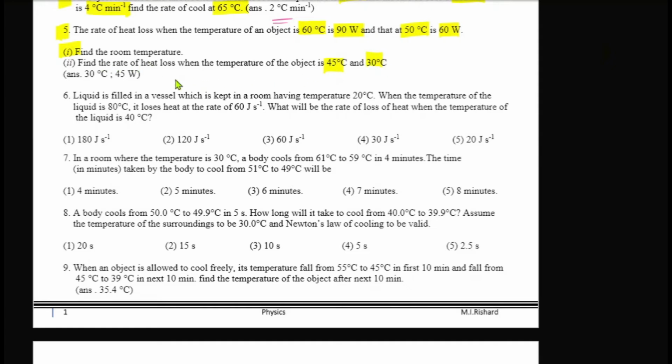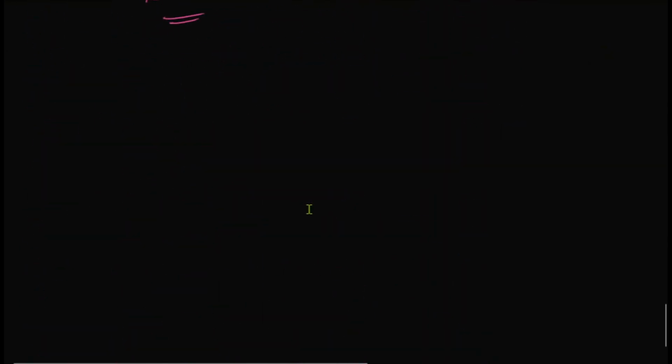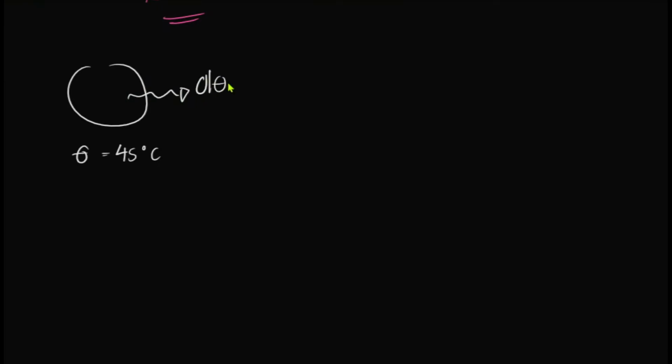Find the rate of heat loss when the temperature of the object is 45 degrees Celsius and 30 degrees Celsius. Of course, we know when the object reaches 45 degrees Celsius, we need to find the rate of heat loss, dQ/dt.